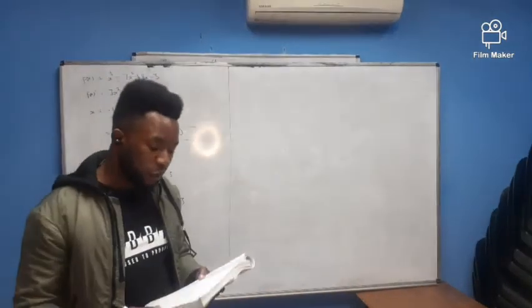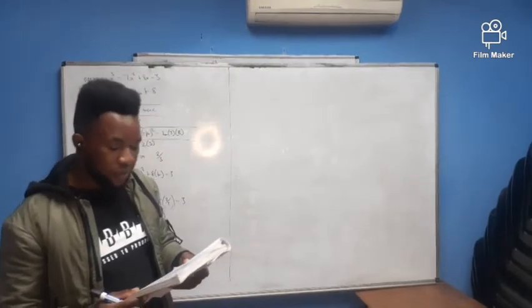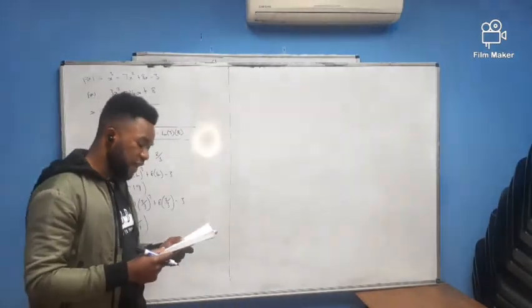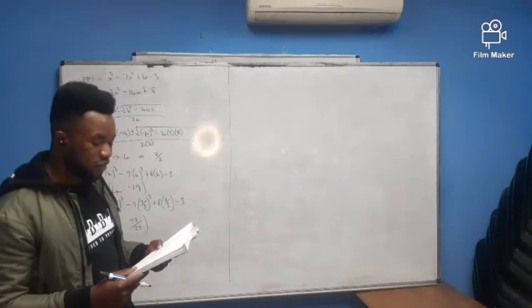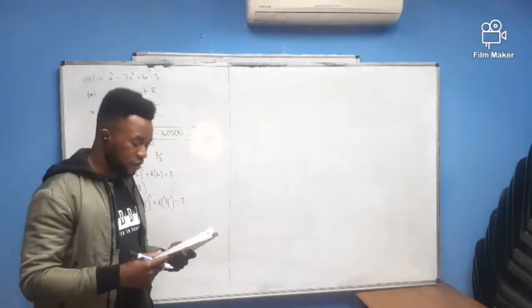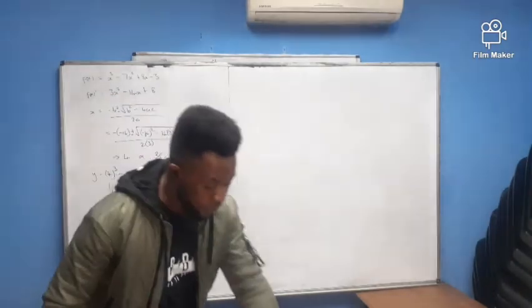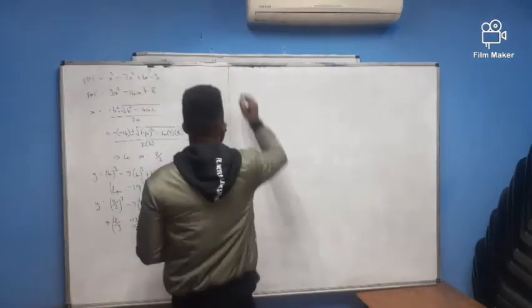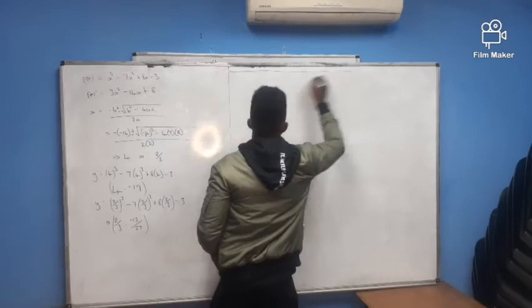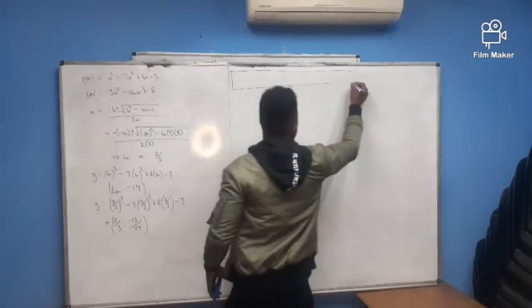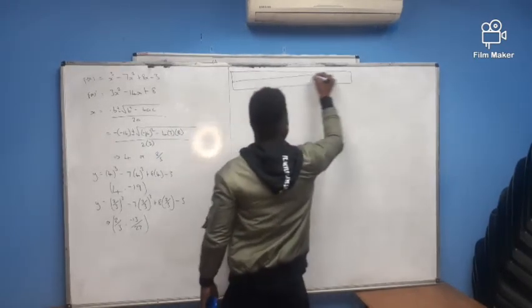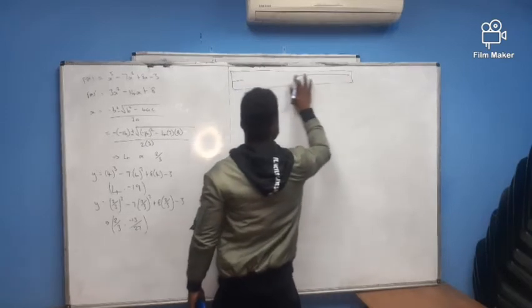And then on 3.1.2, they're saying draw up a table of x and f at x, where x is ranging from -2 to 7. For this, you're just going to draw your table, which is like this. My line is straight.